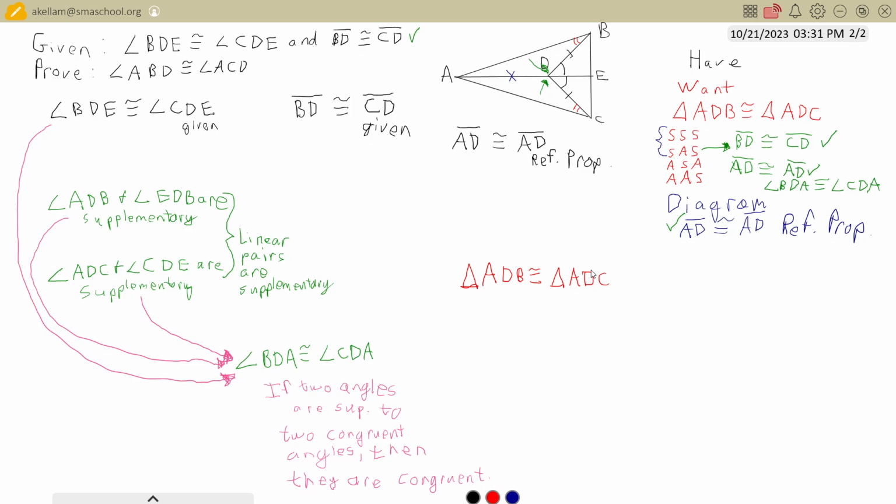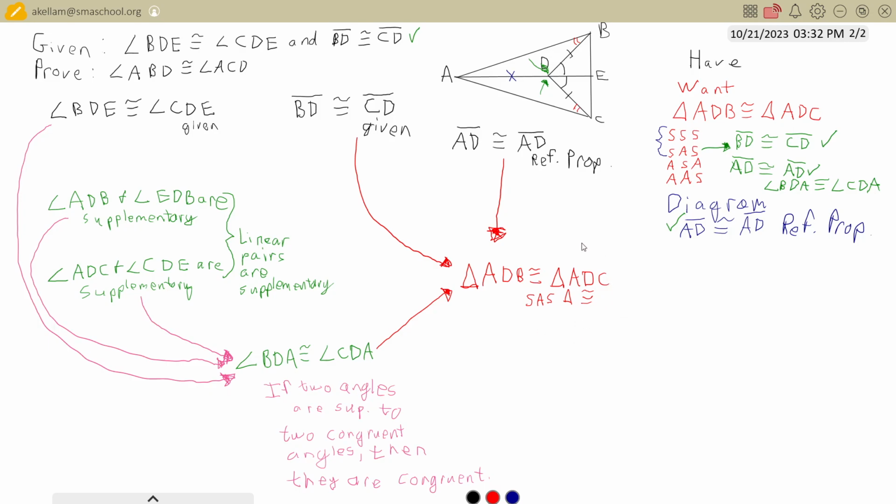And the things that make this true are the fact that we have this angle here, this side here, and this statement here. And this produces side, angle, side. So my reason is side, angle, side, triangle congruence.